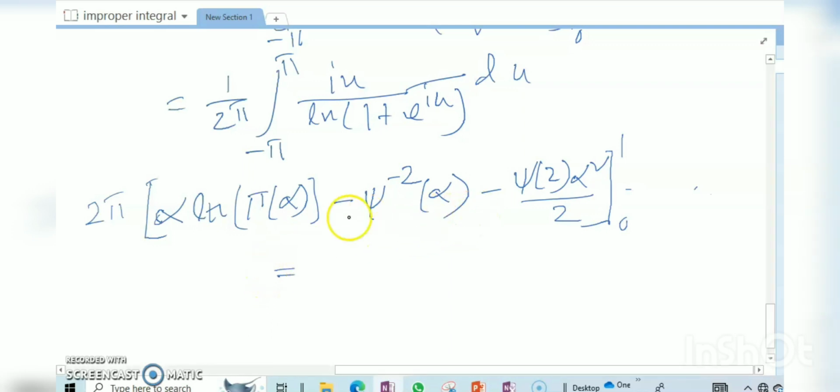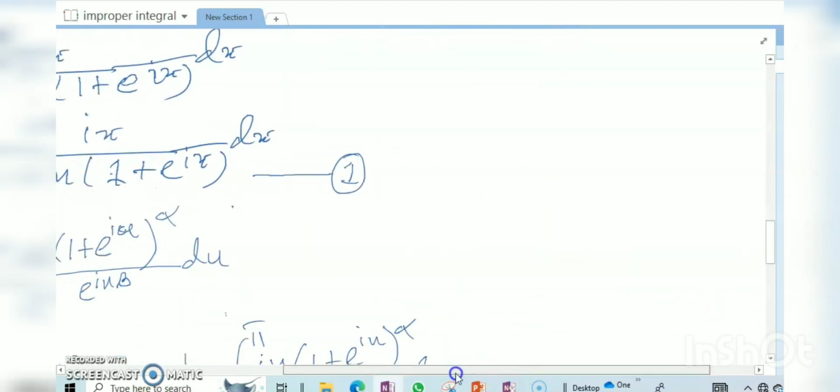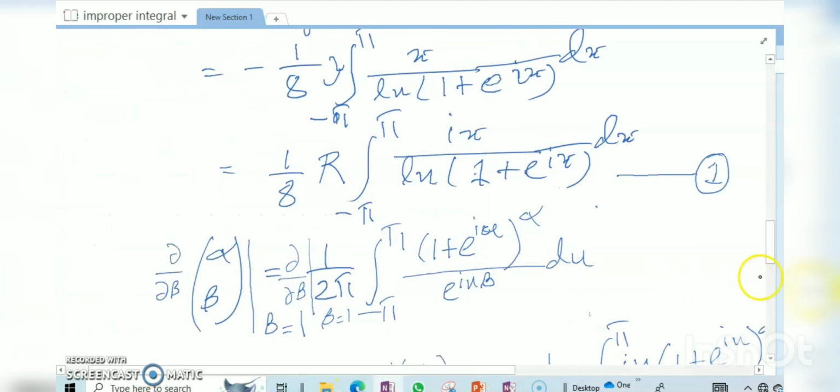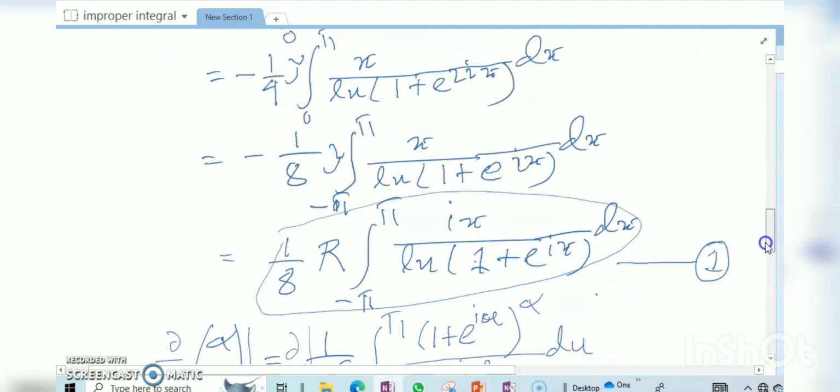If I put in the values, whatever I get, minus pi to pi, iu is converted into ix, ln of 1 plus e to the power ix dx. We take the real part of this value, and the real part is equal to omega.